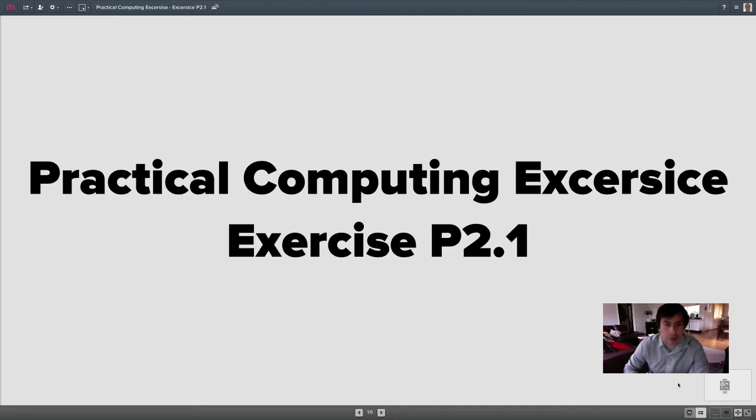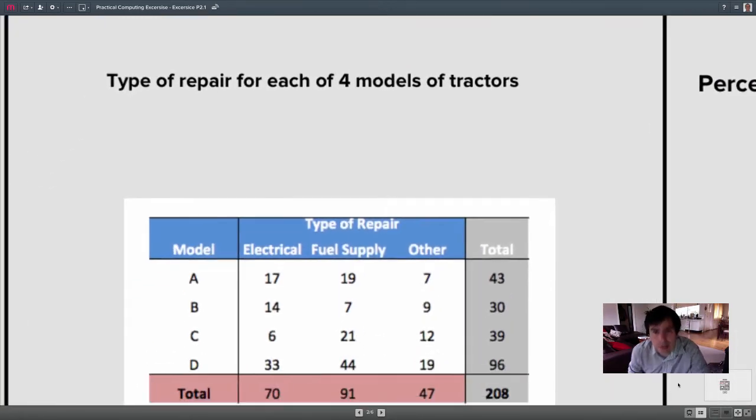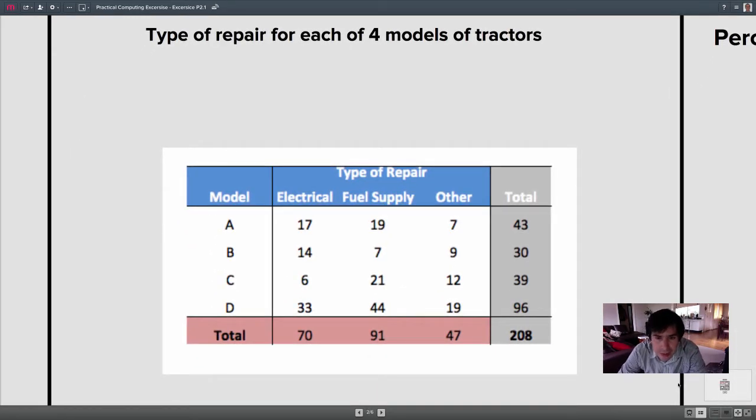So this is the table, and I have added a total on the right hand side of the table and another total at the bottom of the table. The total on the right hand side of the table is the total number of repair for each model. For example, 43 is the total number of repair for model A, 30 is the total number of repair for model B, and so forth.